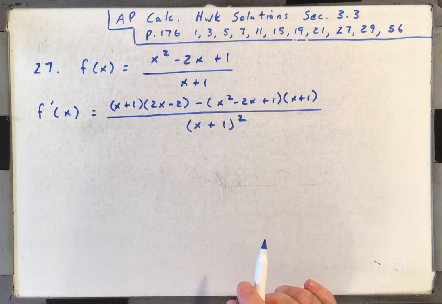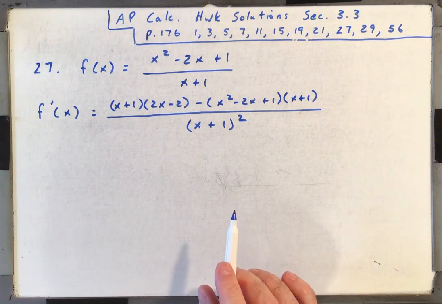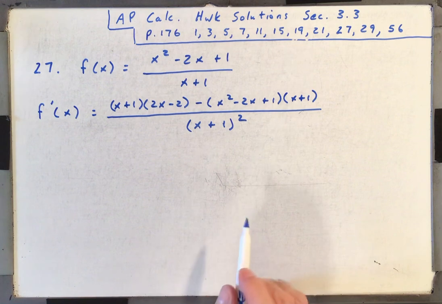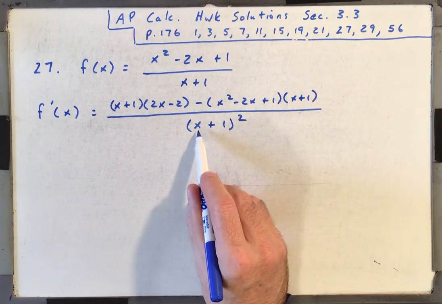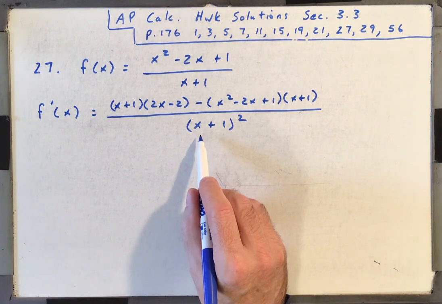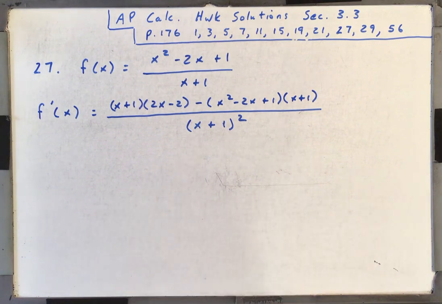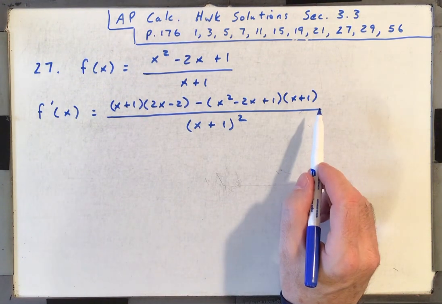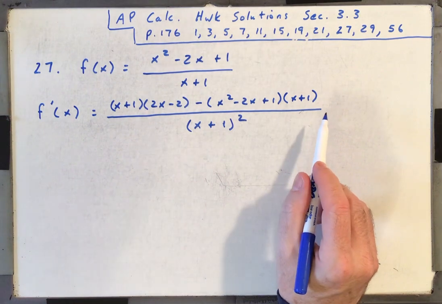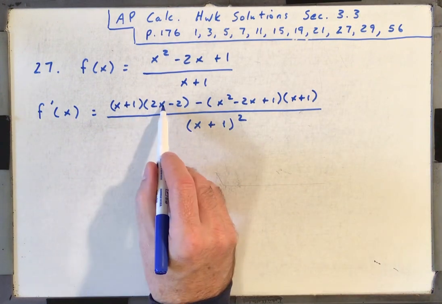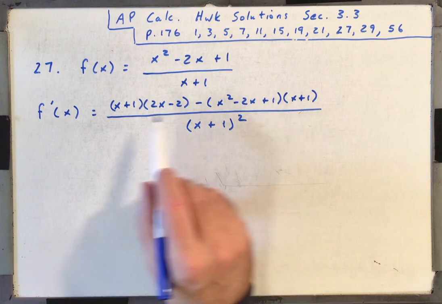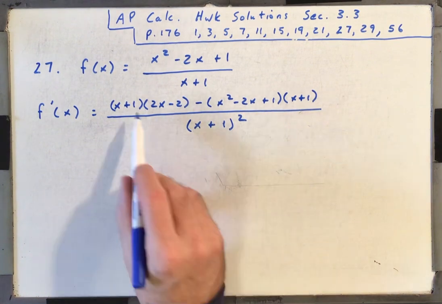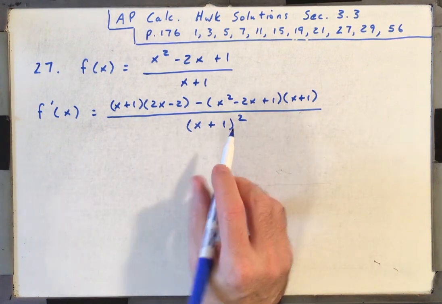So looking at this, I do know that I have a critical point at x equals -1, because that makes the bottom 0, right? But I got to figure out the top. And this is a pain in the caboose. But I'm going to go ahead and FOIL all this out. Multiply it all out, combine like terms, and set the top equal to 0.